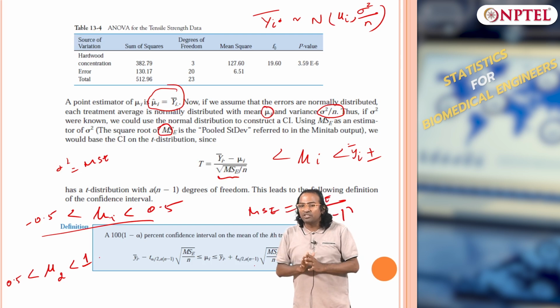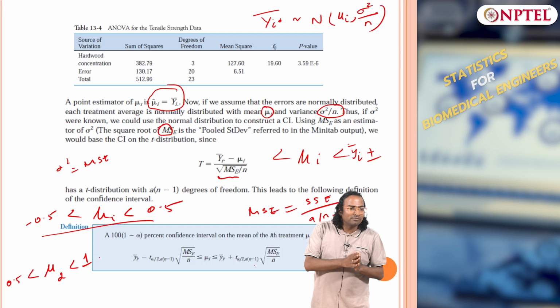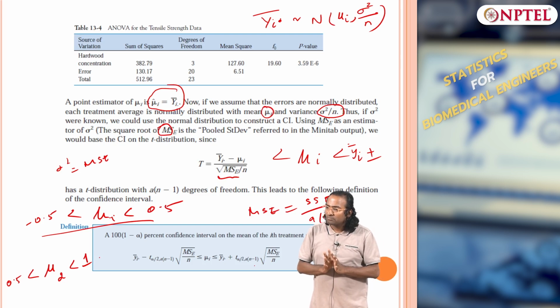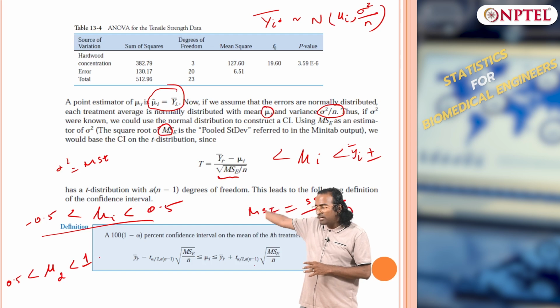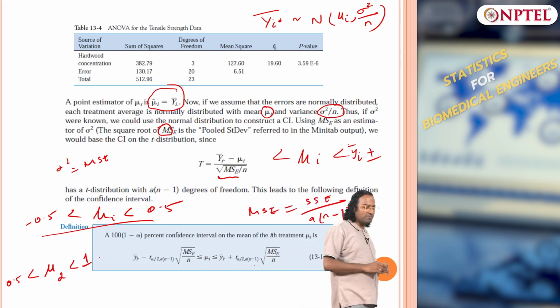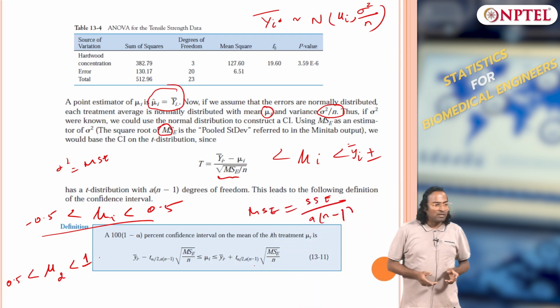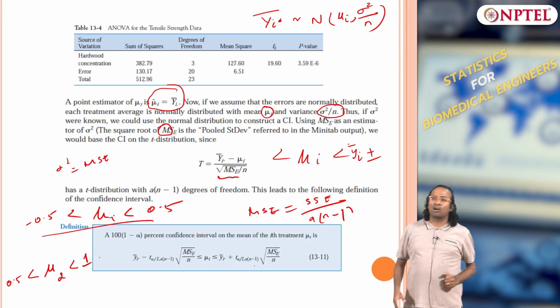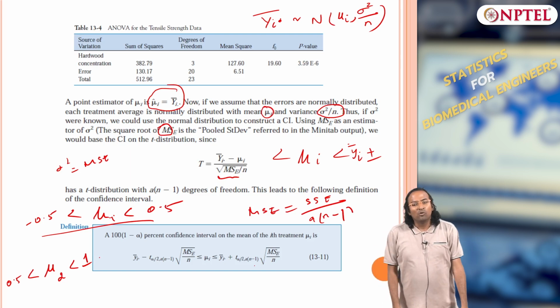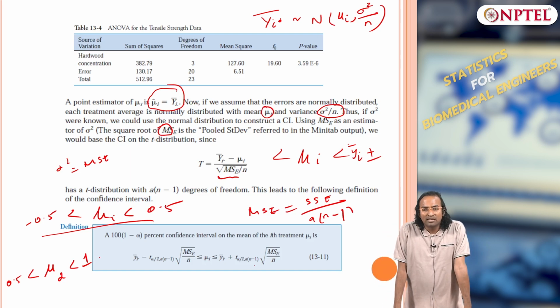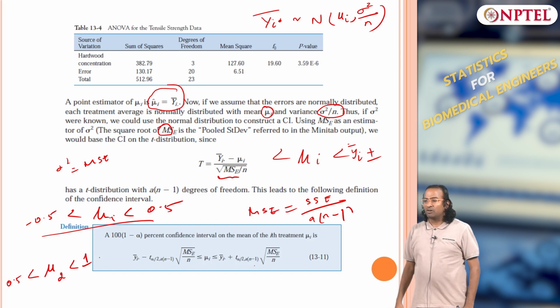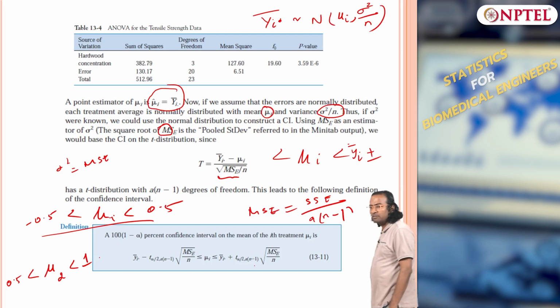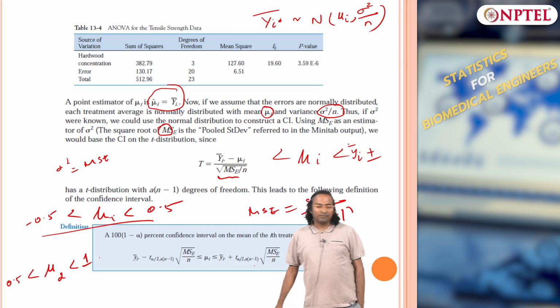If it encloses 0, that means the parameter is statistically 0 and not useful. So mu1 is 0 here statistically, whereas mu2 is non-zero. So just by constructing the confidence interval, you can know which one is 0 and which one is important, which treatment is important and which treatment is not important. Make sense? Clear?